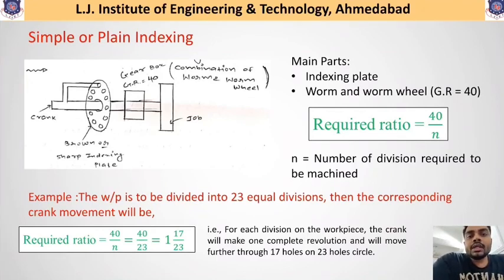So due to the available gearing ratio, that is 40:1, the motion is transmitted from the crank to the workpiece and the final rotation is obtained. And how the division can be obtained, we have also seen in the case of this simple or plain indexing. You can try more examples and it will be easy for you to understand this simple or plain indexing method.